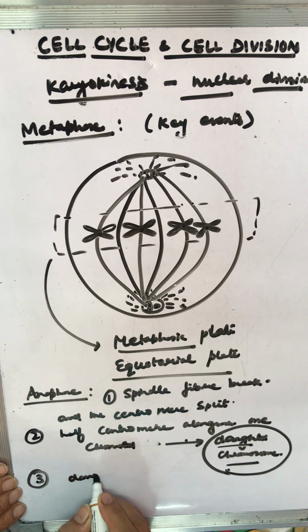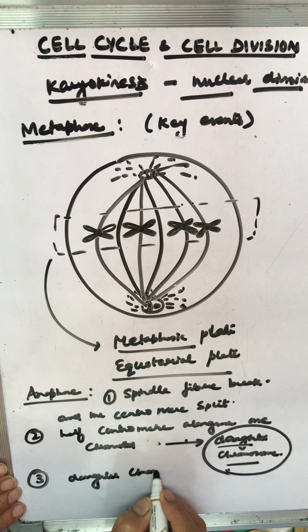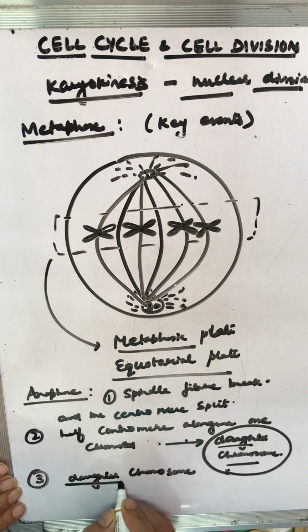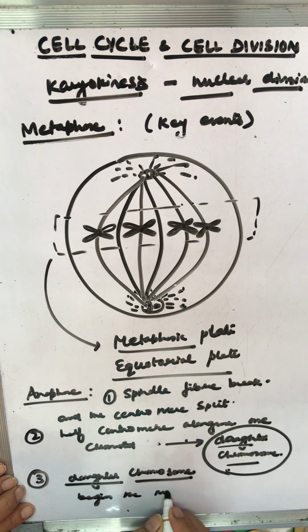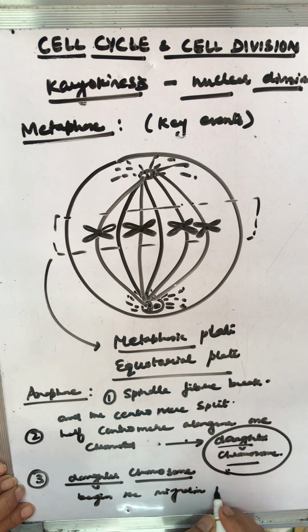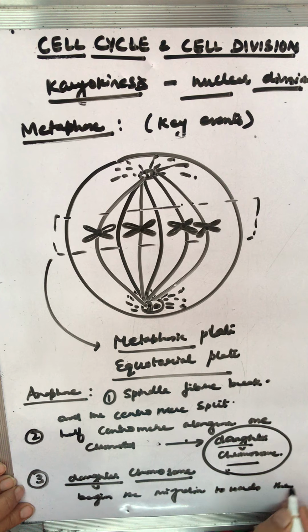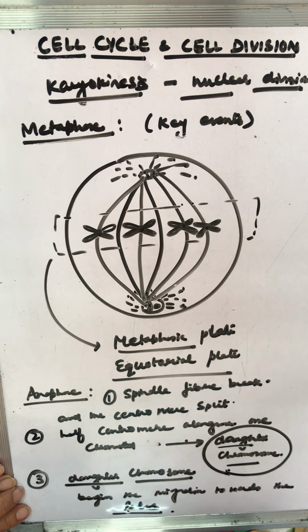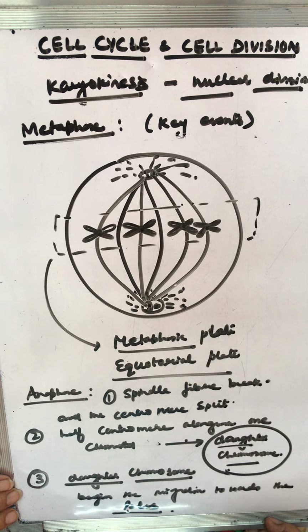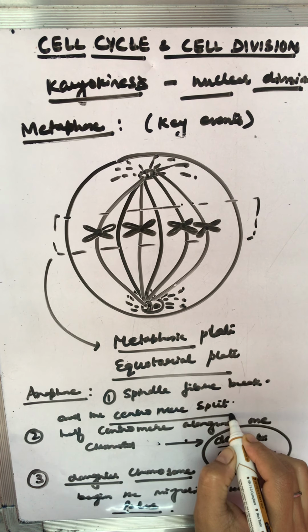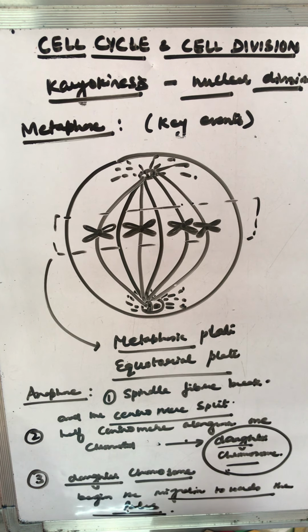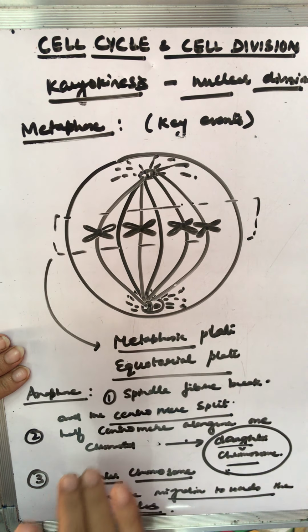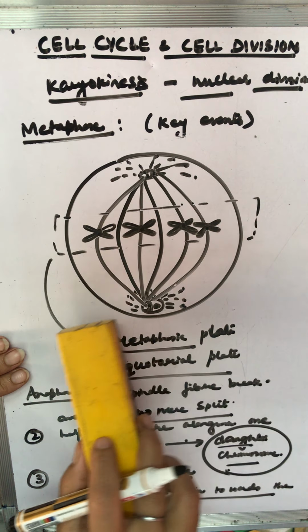This daughter chromosome from each pair begins the migration towards the poles. So key events are: the centromere will split and chromatids will begin their migration towards the poles. How will it appear in the diagrammatic view? Let's change this particular one into the diagrammatic version.